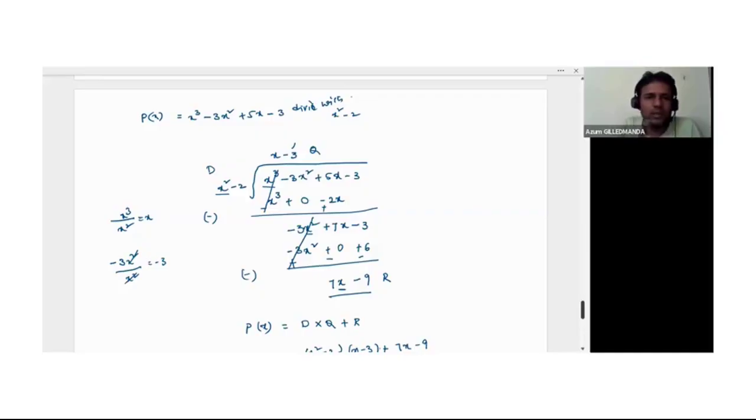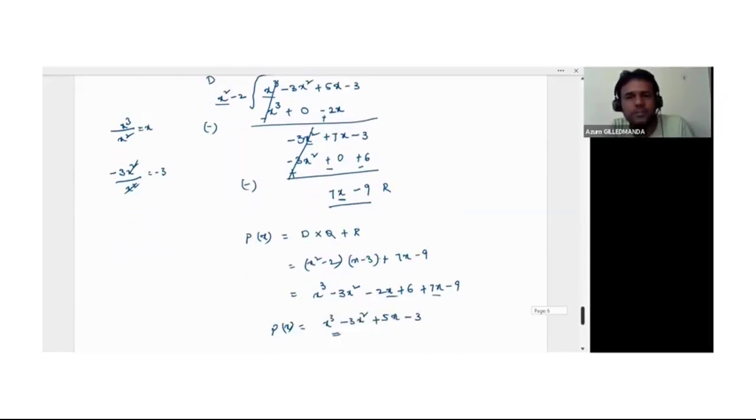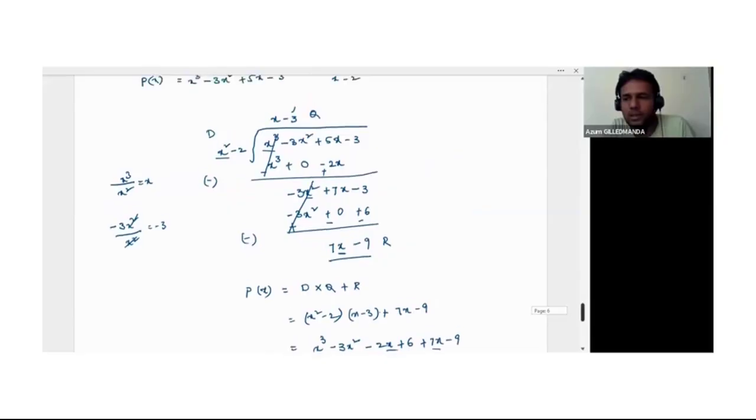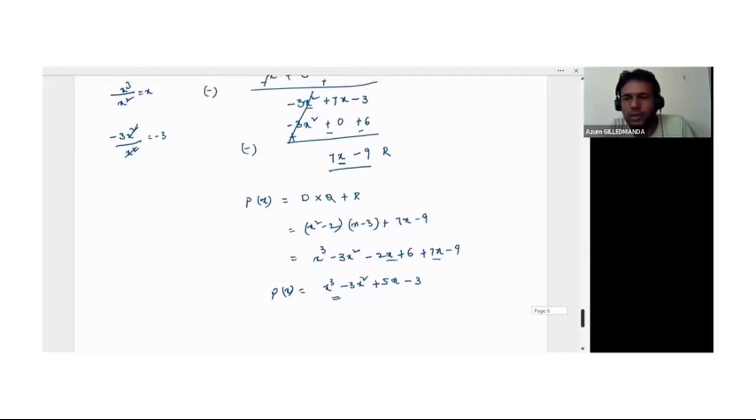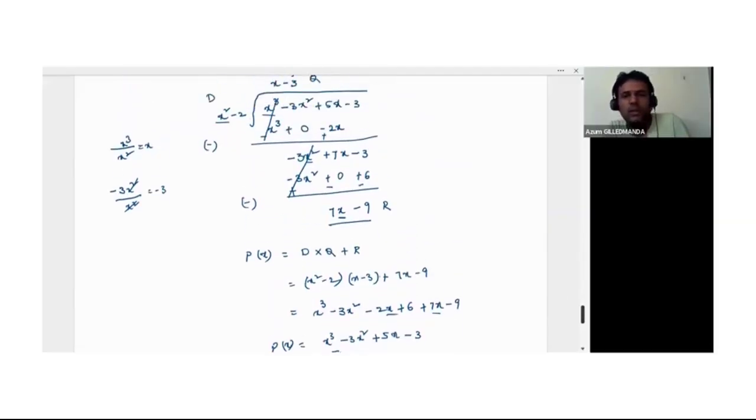And how do you validate? Divisor into quotient plus remainder, you should get the polynomial. Okay, so hope you are clear with this now. I think that concludes our division of polynomials.